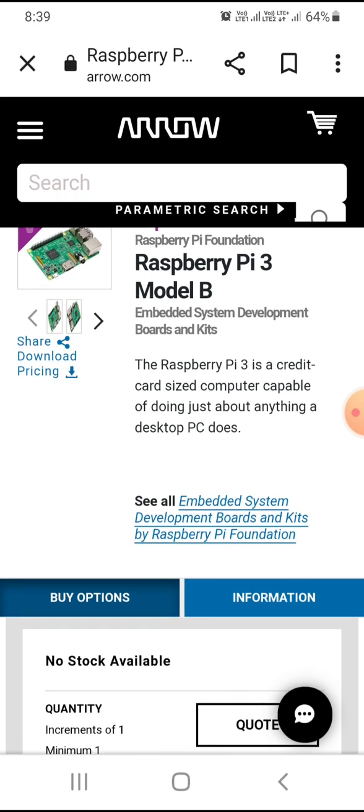So you can use the Raspberry Pi Model B.